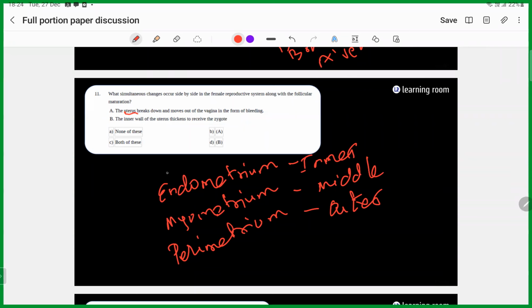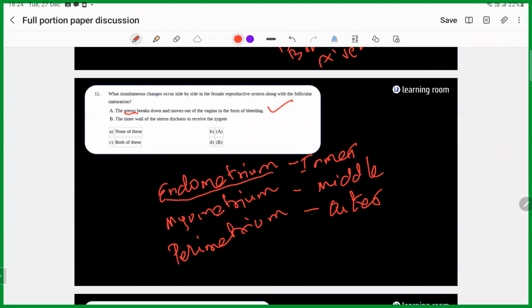The endometrium breaks down and the broken part moves out of the vagina in the form of bleeding.